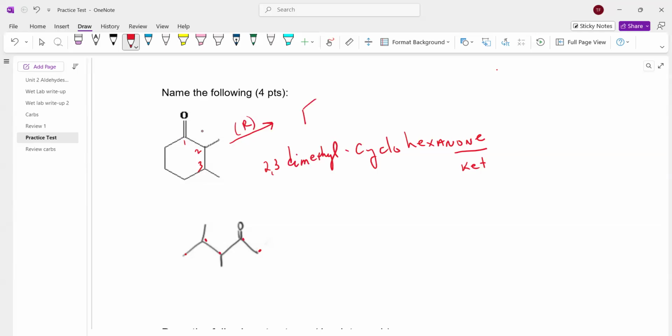So we'd end up with that, which would be 2,3-dimethylcyclohexanol. And of course, if we oxidize the cyclohexanol, we end up with a ketone.